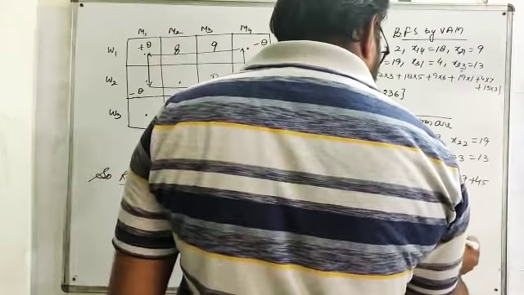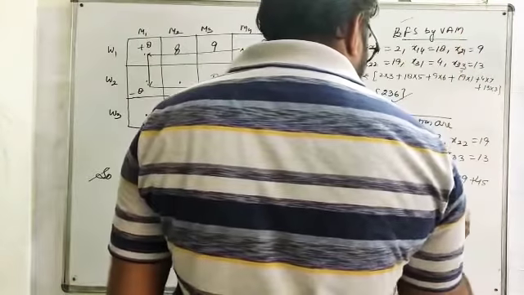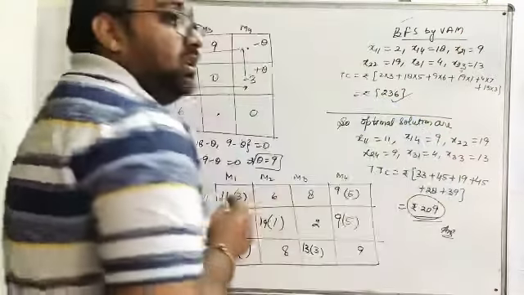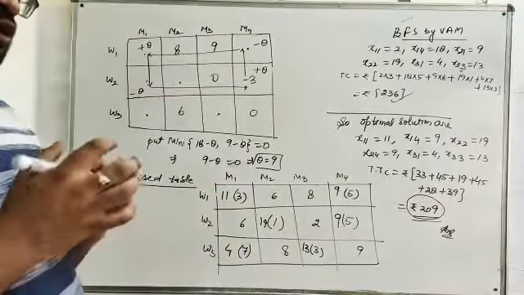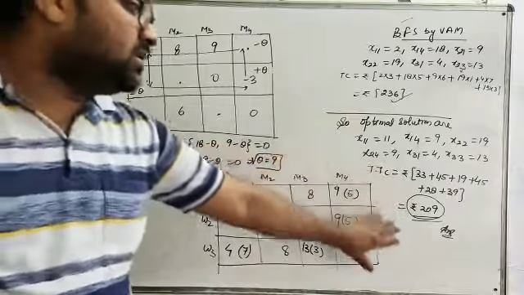So here you can see the BFS was 236 and the optimal solution is 209. That is the total transportation cost minimized, that is optimized.